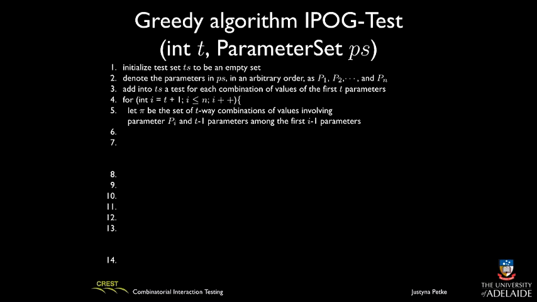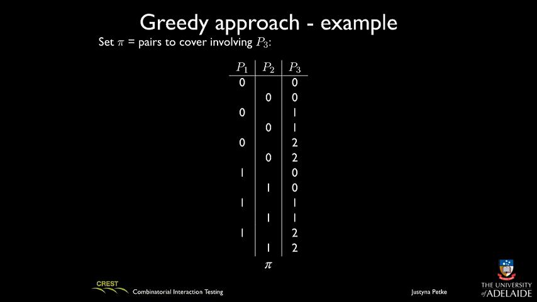Did we have this here for the three values? The set of t-way combinations. Yes, because it's the values involving parameter 3. So values 0, 1, 2, and all the different combinations here. So one value combination, 0, 0 and 0, 0 and 1, of all of the previous ones individually. And this gives us our set of combinations pi.